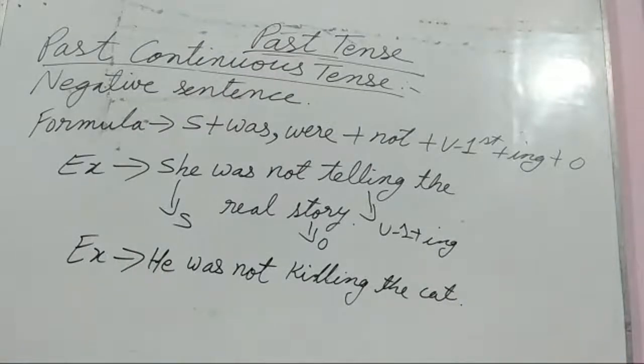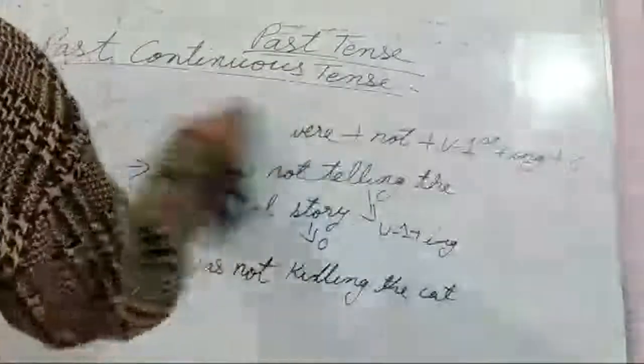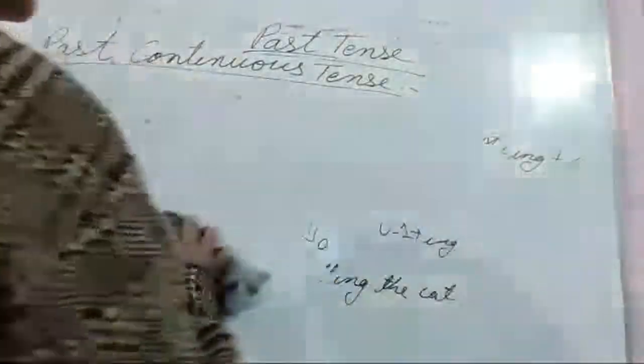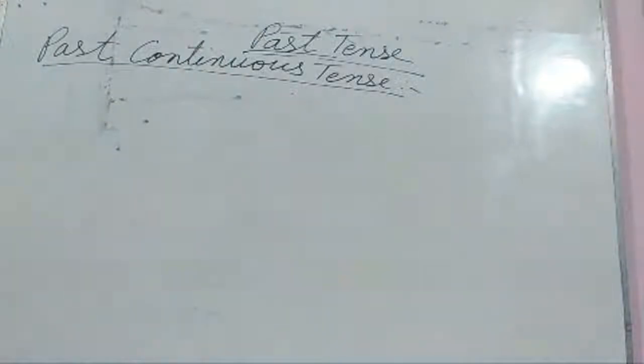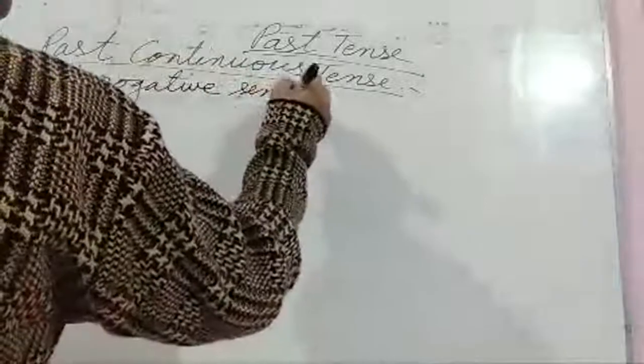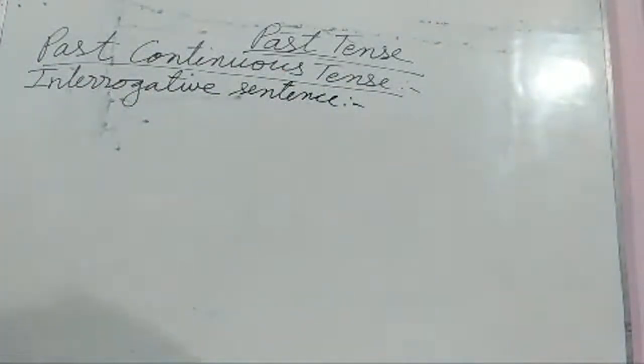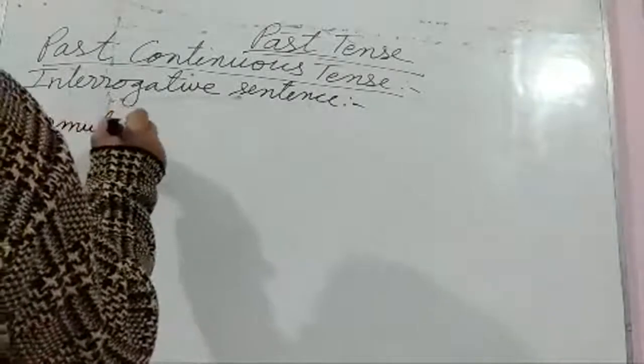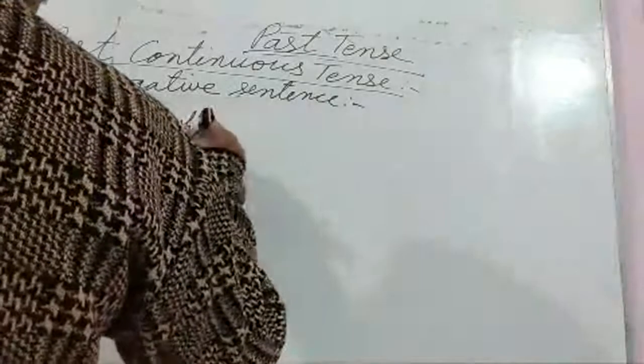Now we are going to see the interrogative sentence in past continuous tense. Let's see the formula.